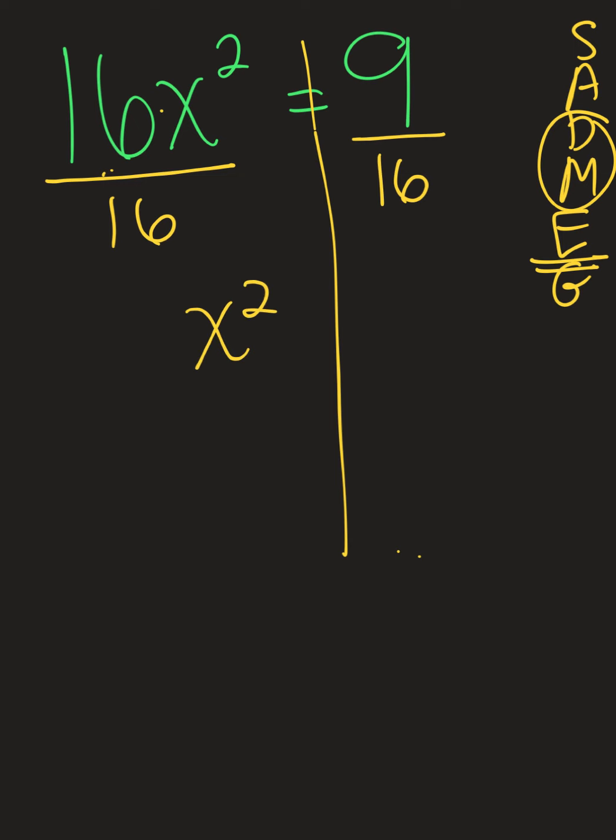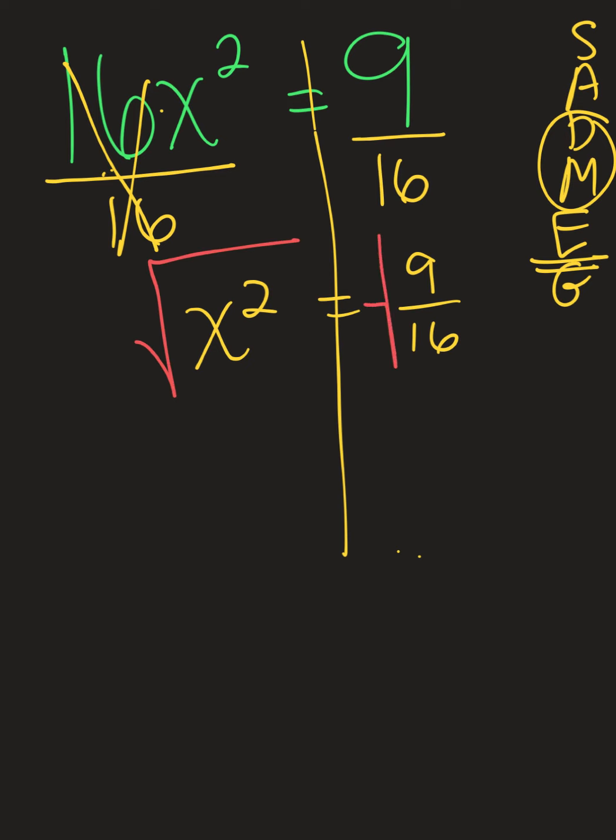So I have x squared still remaining, right? Because 16 divided by 16 cancels that out. Now 9 over 16 cannot be simplified. I did that on purpose. Because when I take a square root of a fraction, we haven't looked at examples like this in previous lessons, but it's actually pretty simple once you get the hang of it.